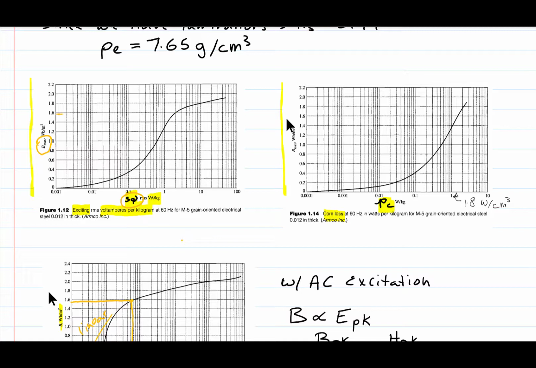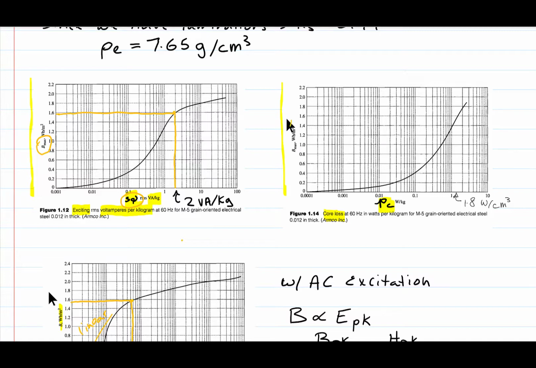Let's find 1.6, or 1.59, close to 1.6. Draw a line over till it intersects, and we come down here, and what we end up with is 2 VA per kilogram at that flux density point.